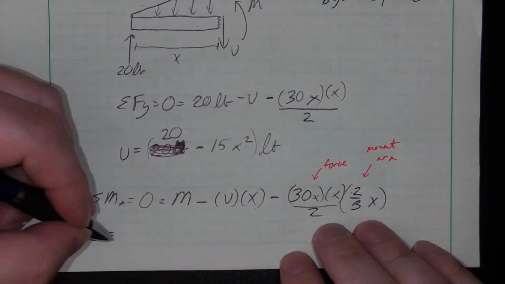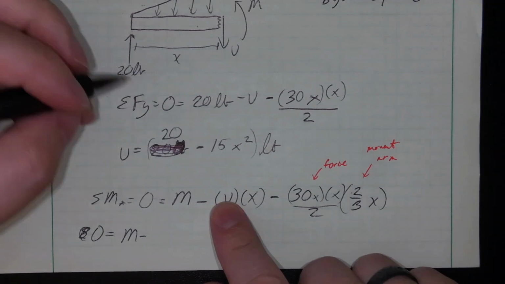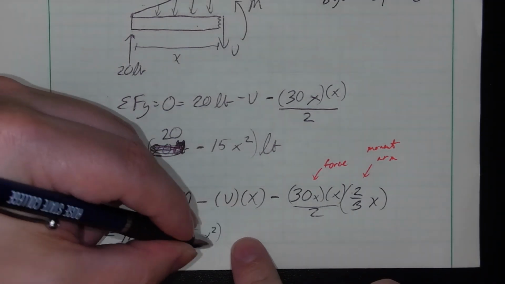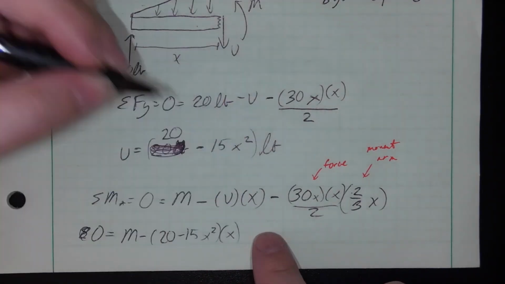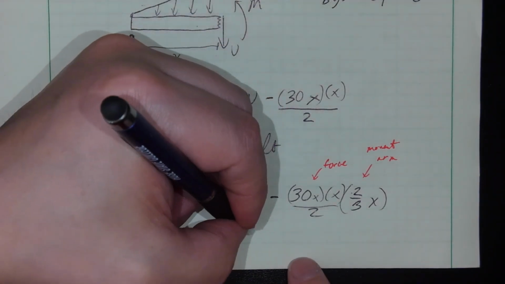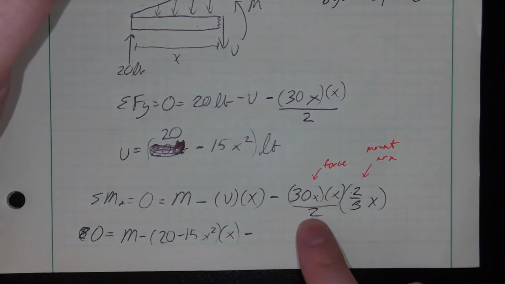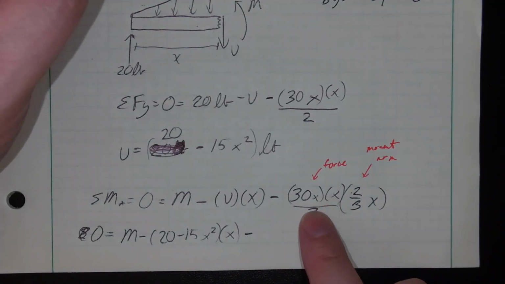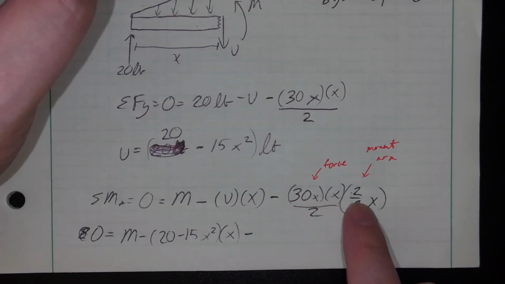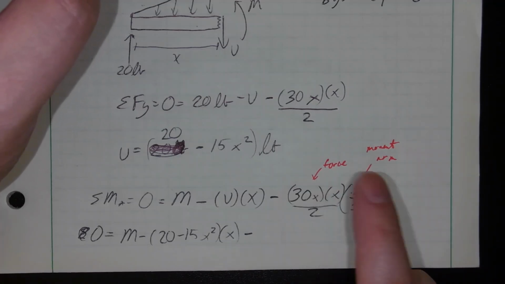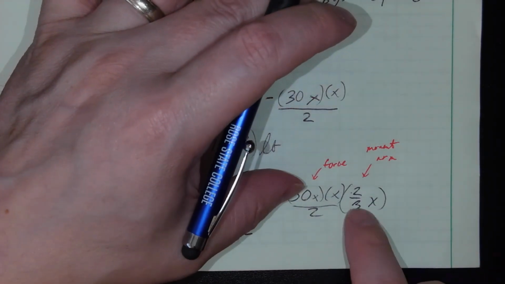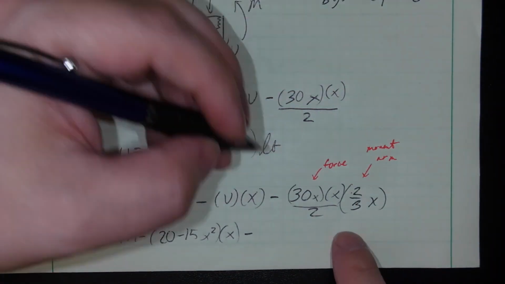We'll just say 0 is equal to M minus, I'm going to plug in 20 minus 15x squared. Again, I'm not going to worry about the units. We got enough going on here. The units are going to work out in this case. Minus, then what we got here, this is 15 divided by 3 is 5. The 2's go away. So 30 divided by 3 is 10, and the 2's cancel out.